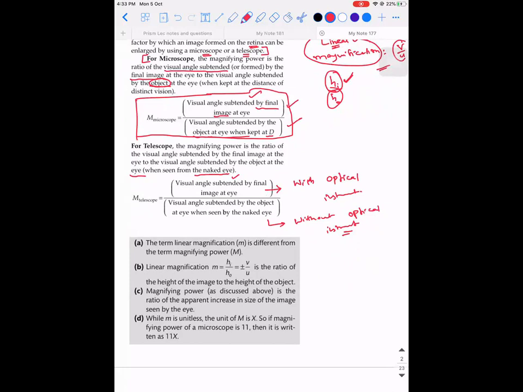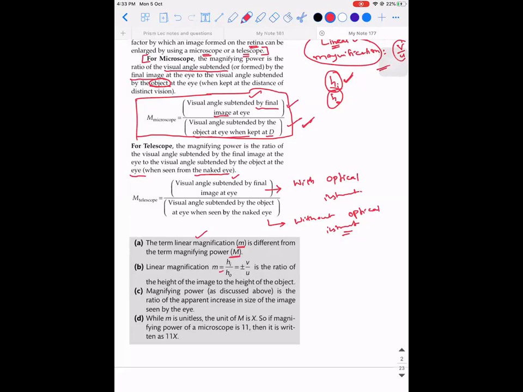Remember, our objective in the subsequent topics is going to be how to derive these expressions for different optical instruments. For that to happen, what should be the arrangement and all those things. Remember, the term linear magnification small m is different from the term magnifying power capital M. Linear magnification is defined as height of the image to the height of the object.